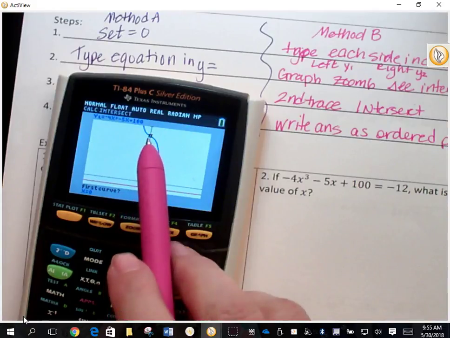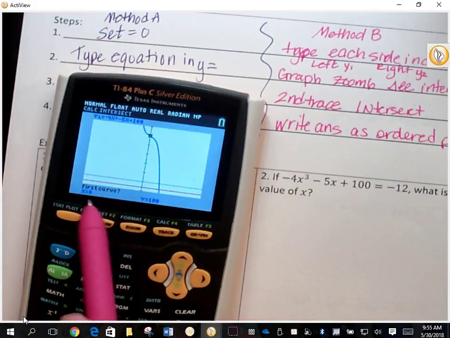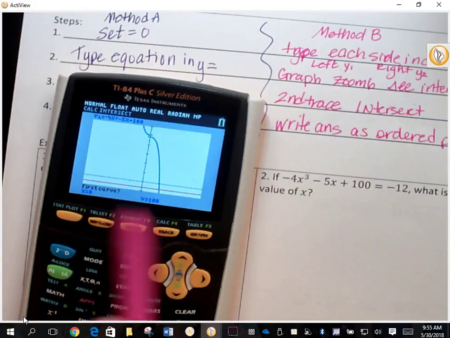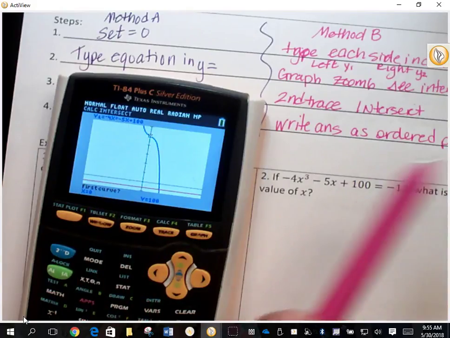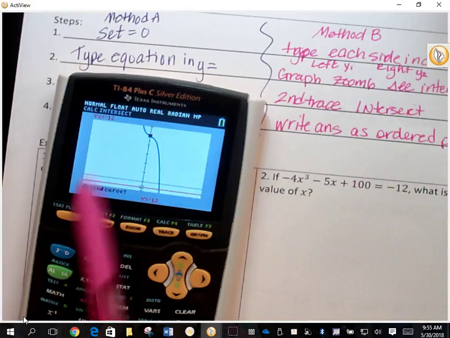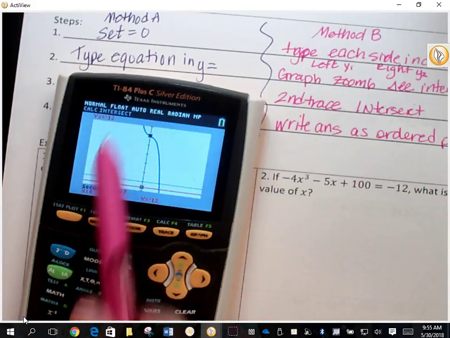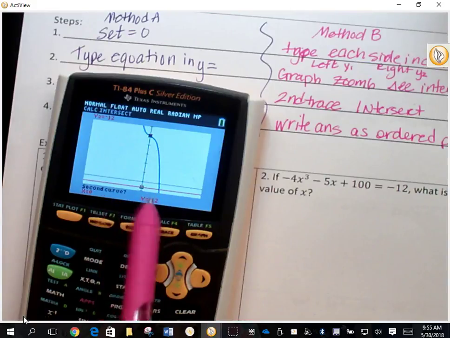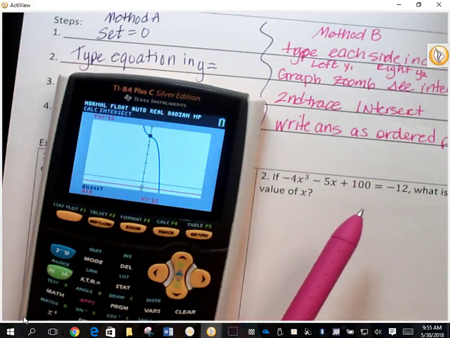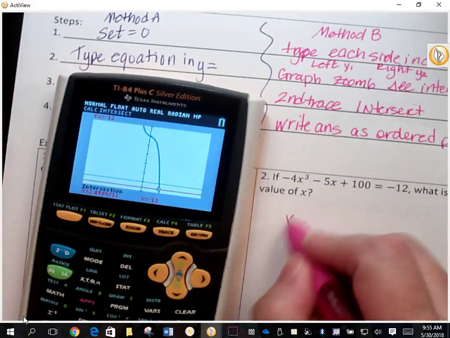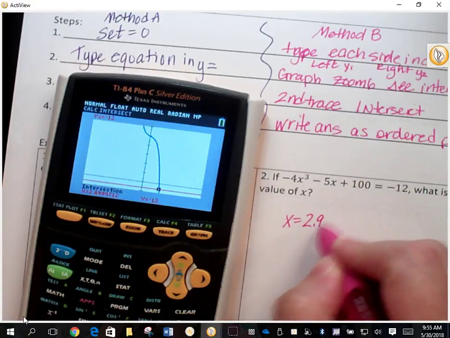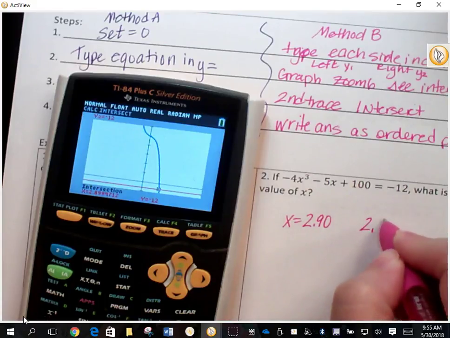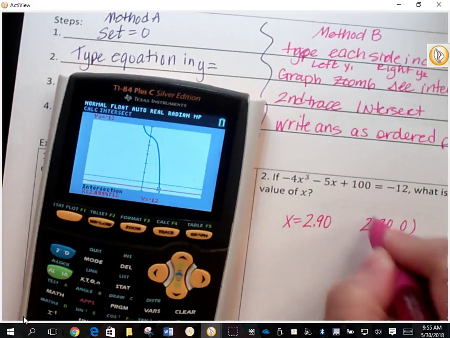Notice the first curve is the blue curve, and the ordered pairs are named in blue. Then it goes second curve, and the equation up here is in red, and so the equation here is in red. So even if you can't see the ordered pairs that it's using, they're there in red. And you can guess, and we've got x equals 2.90. So we have the ordered pair 2.90 and 0.